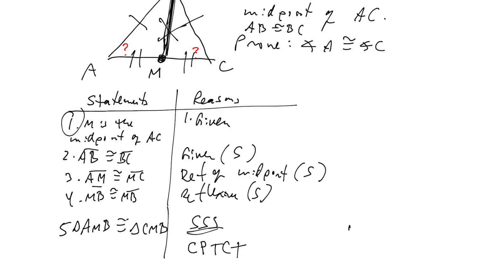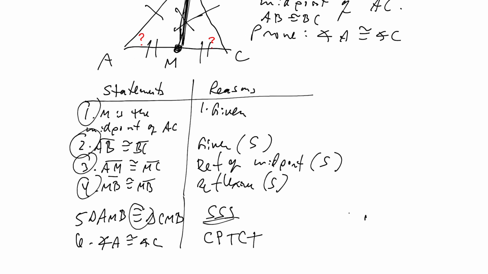You can say, because I've established these two triangles congruent, not only are the three pieces that I used to prove the triangles congruent, but the other three pieces are also congruent to each other, corresponding pieces, including angle A and angle C. So that's how this proof looks.